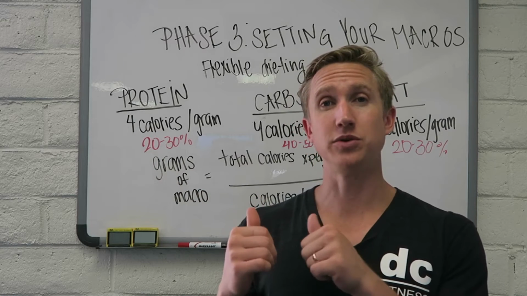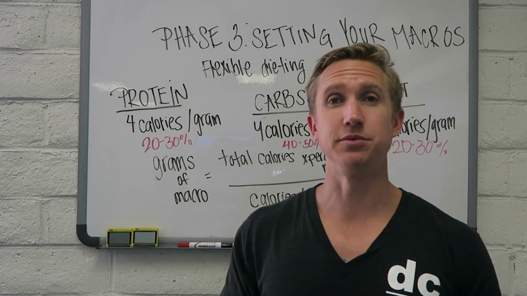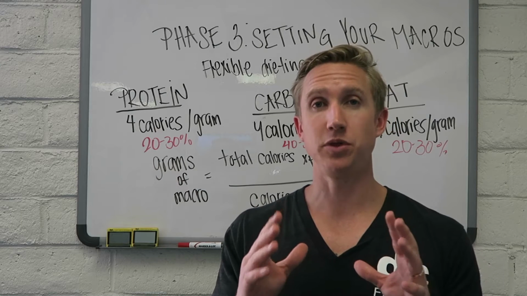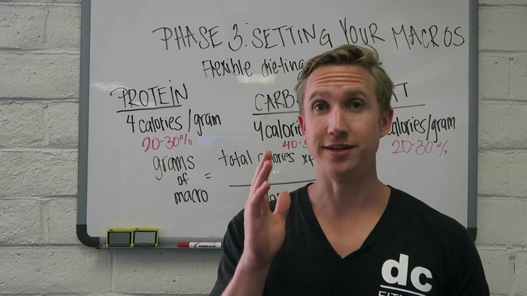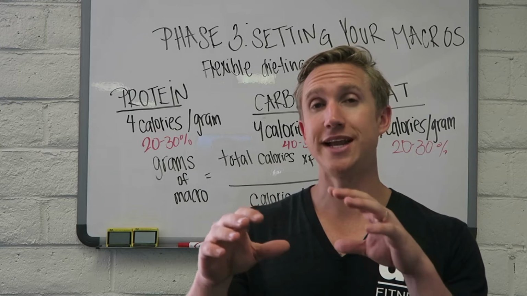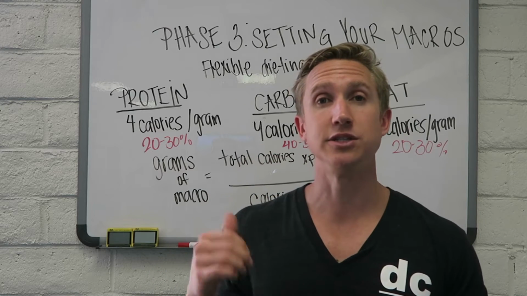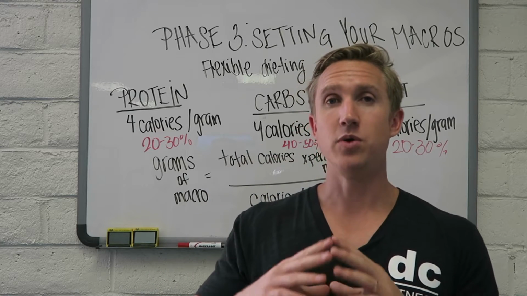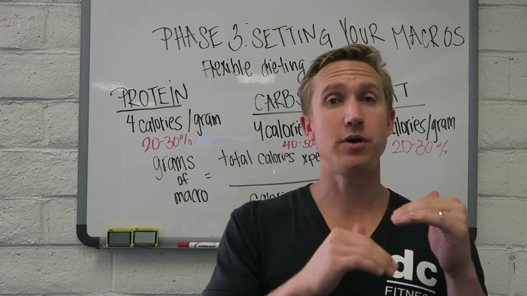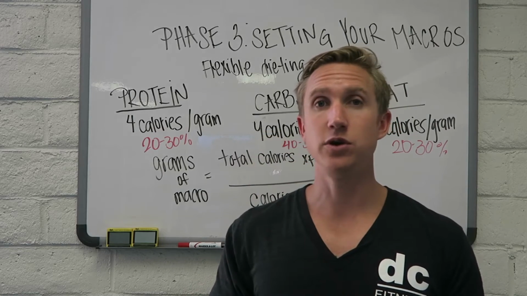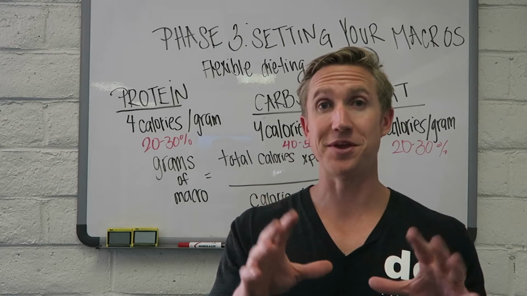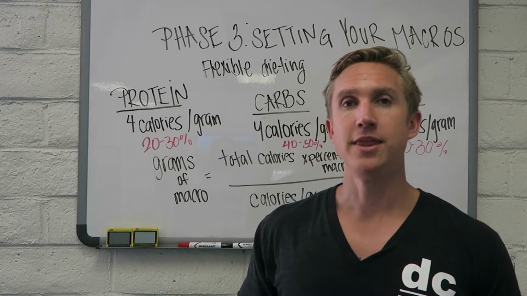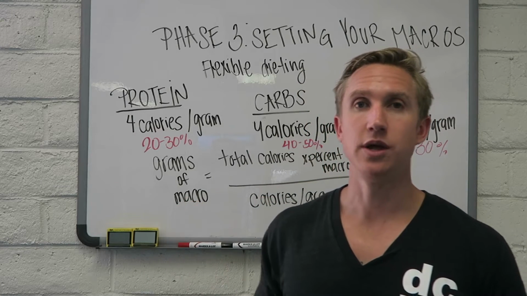Now with setting your macros, there actually is a pretty simple equation. But if you want to skip through this and it seems like a lot of work, just download MyFitnessPal and go into settings and you can adjust your percentage of each macronutrient. But if you write with paper, then that's how you're logging your food, which is totally fine. I'm just really happy that you're doing it in the first place. Then there is a pretty simple equation.